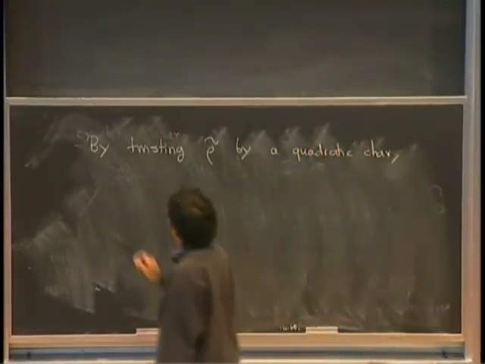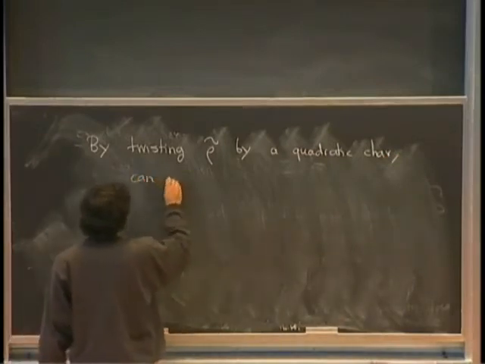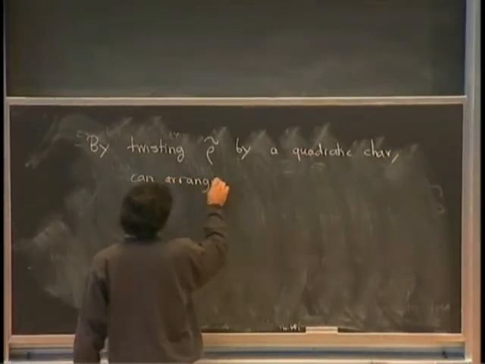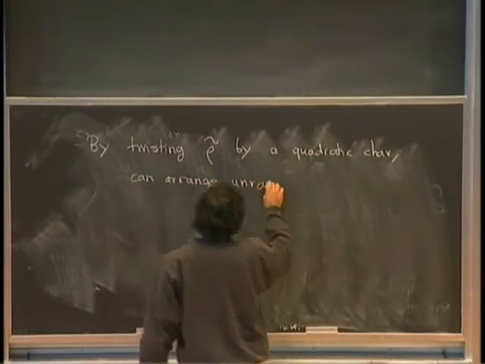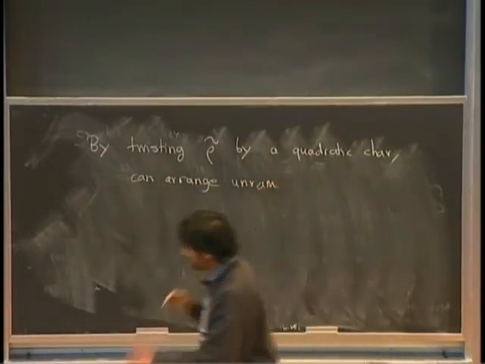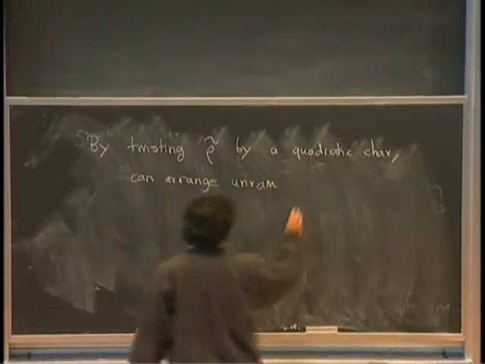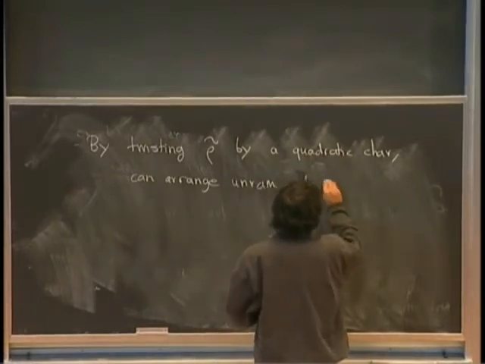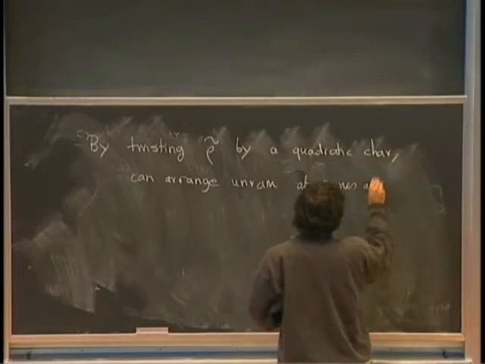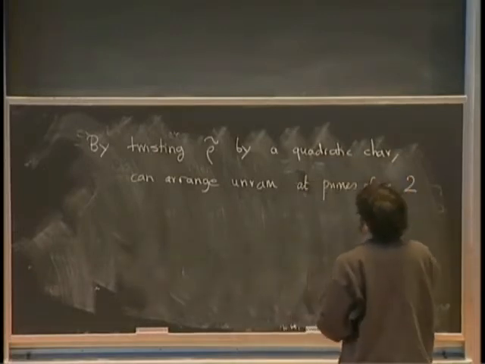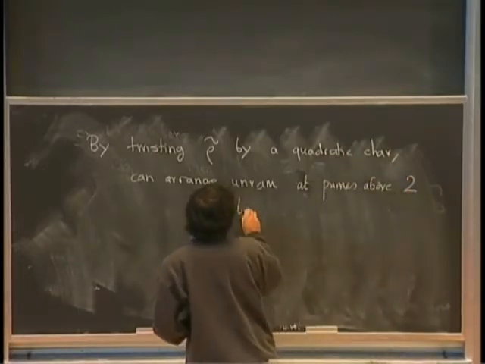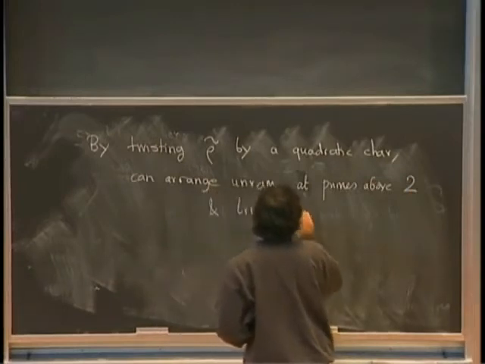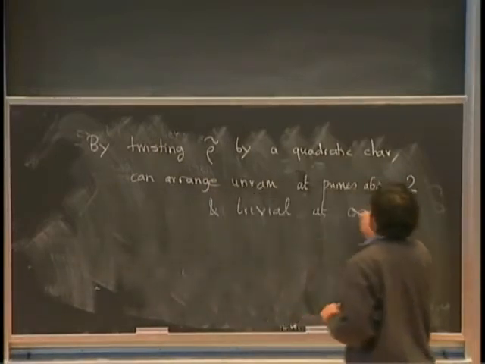So you can arrange that it's unramified at any finite set of places you want. Let's say unramified at primes above 2 and at infinity. So trivial at infinity, so every complex conjugation is trivial.